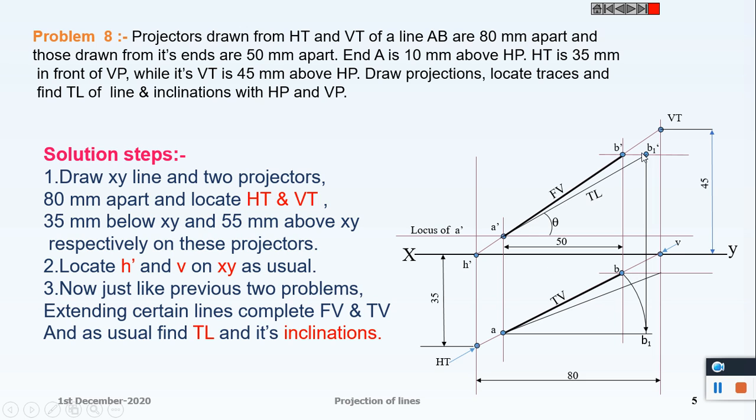Take the true length A dash B1 dash and cut it on the locus of B, we get B2. So this is the angle of inclination of the line with VP. This is also the true length.